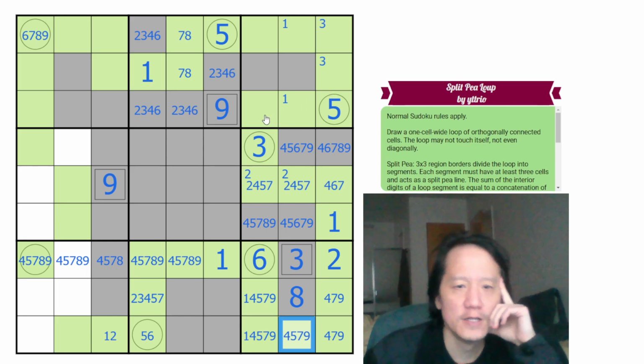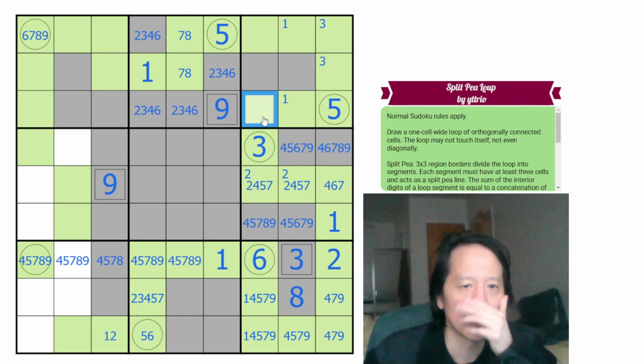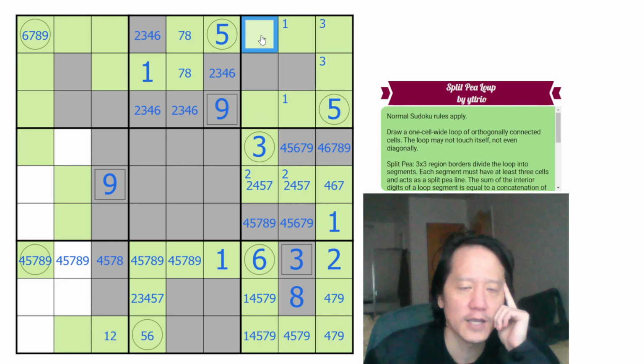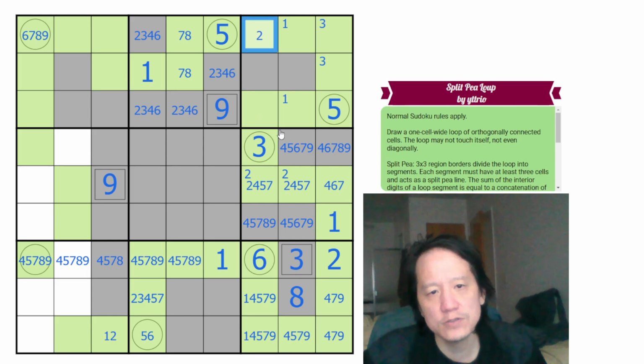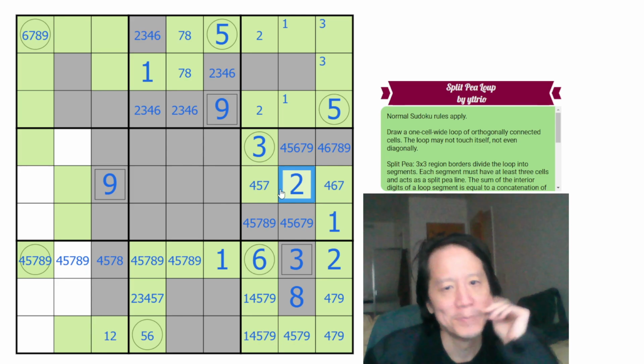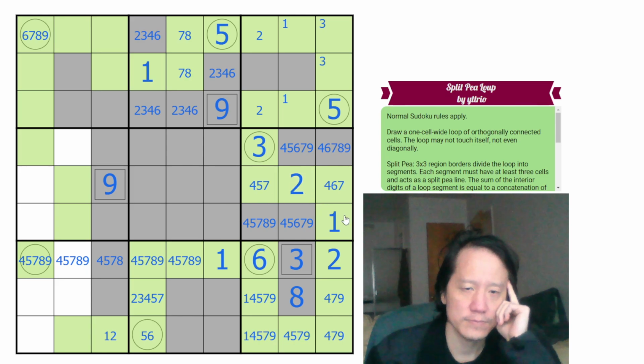So this has to be 20-something. Cannot be 30-something. Can't be 40 because 40 requires at least 6. So therefore, this has to be 20 something. So the 2 is one of these two, so it can't be here. This has to be a 2 then. It has 1, 3, and 5, so that's 9 already.